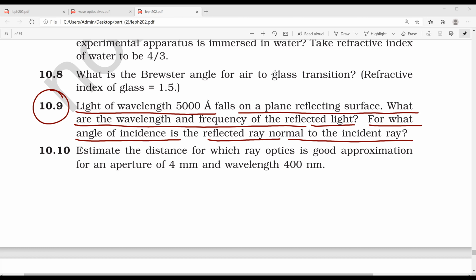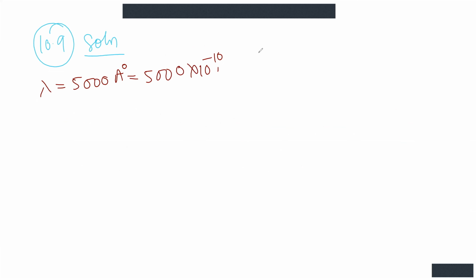From the question, wavelength of light they have given, lambda is equal to 5000 angstrom, so 5000 into 10 to the power of minus 10 meter when converted to meter.